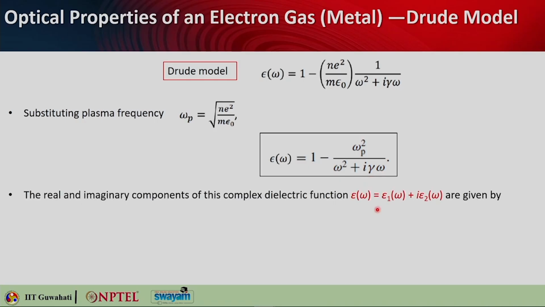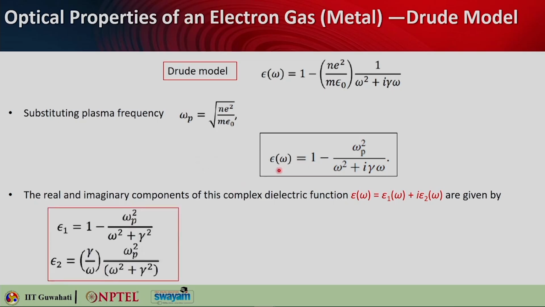Again, this epsilon of omega has a real and an imaginary part, so you can separate the two components. The real part is named epsilon 1 and the imaginary part is named epsilon 2. This tells you about the broadening, the loss, or the absorption capability of a particular metal.